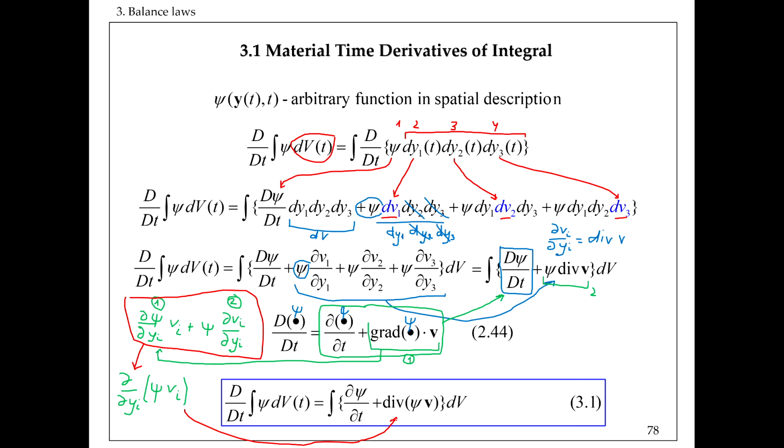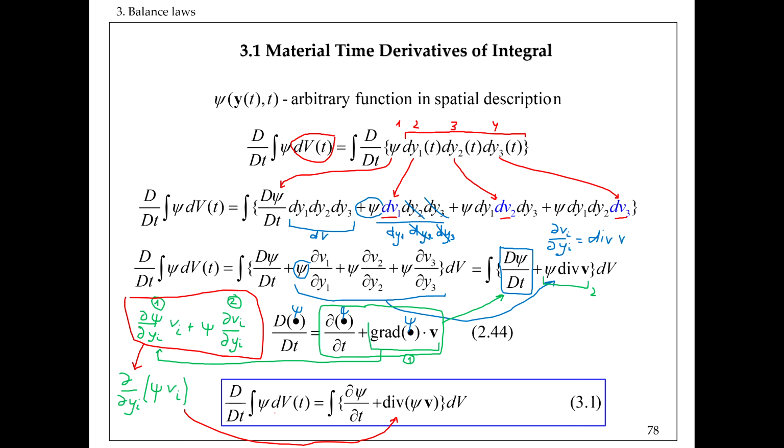What we did here is we just noticed that the d/dy can be substituted by the divergence sign because psi is a scalar and v is a vector. So that can be represented as a divergence, because what is here in the parentheses is indeed a vector, vector v multiplied by the scalar psi.